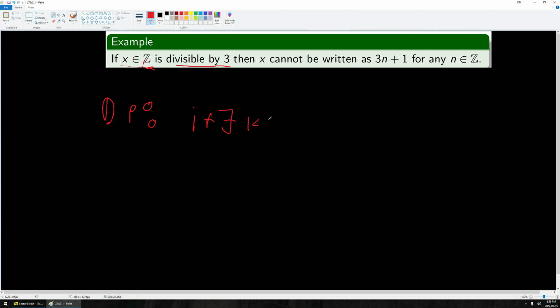So if there exists a k in z such that x is equal to 3k, then I need to say there does not exist an n in z such that my x is equal to 3n plus 1. Okay, so we can do this, but generally showing non-existence is kind of messy. It's not as easy as showing existence, but let's just show how this would work.